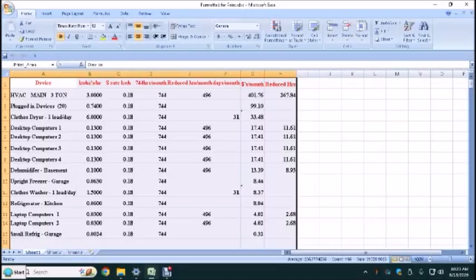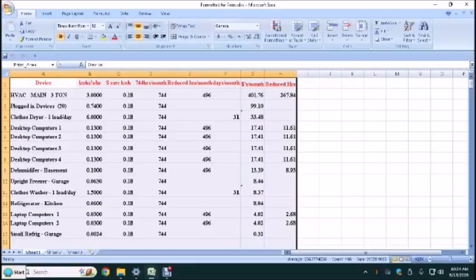The dehumidifier in the basement uses a lot. That's one of those ones I did to say, well, I can stop running at 8 hours a day and reduce that a little bit. The upright freezer in the garage, I thought for sure it would use a lot. It is not. It keeps the food in the upright freezer below 0 24/7.